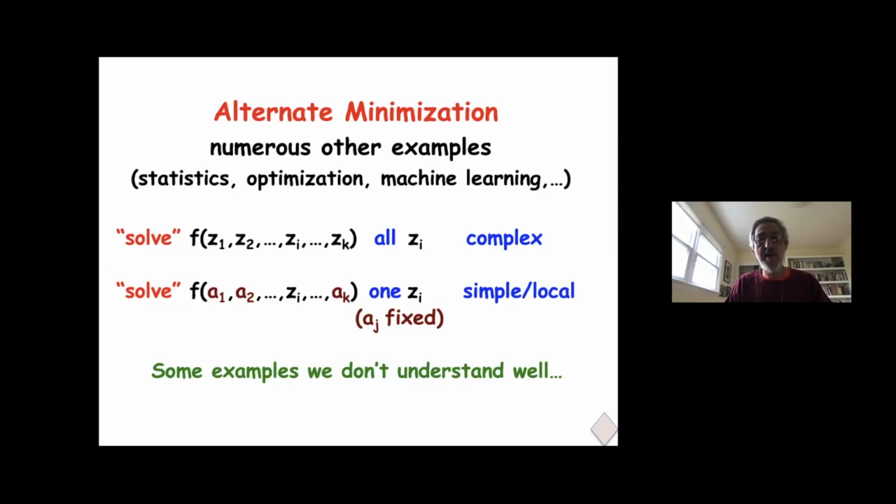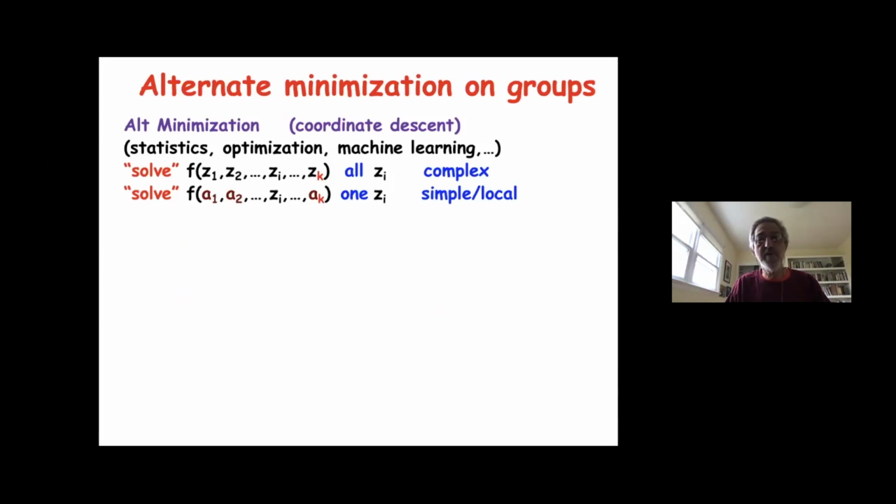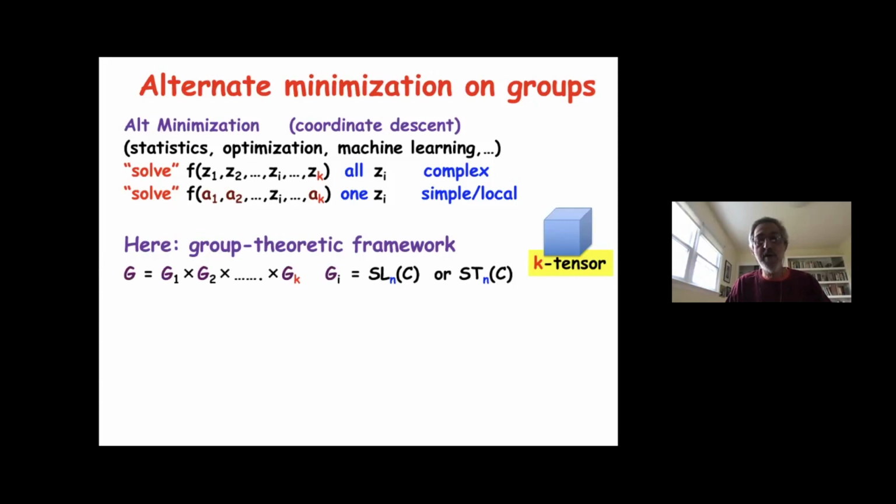And so we want a group version of this. This is a generalization of what we saw before, and here is alternating minimization over groups. The framework is what you would expect. We generalize the picture we saw before. So we will have a product of groups. They are each either the special linear group or the special torus. Special just means determinant 1.